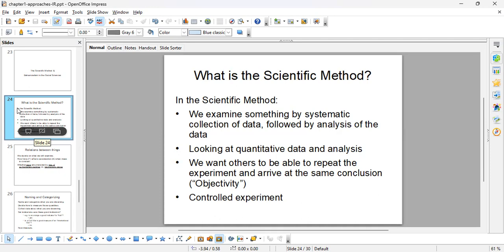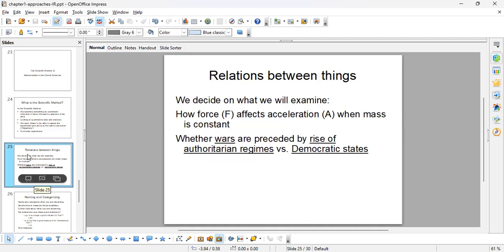So you see there's a level of control in this experiment, right? We have set paths. Usually in a scientific experiment, we are trying to understand the relationship between things, meaning that if I pour one chemical on another, will it result in the same gas every time?